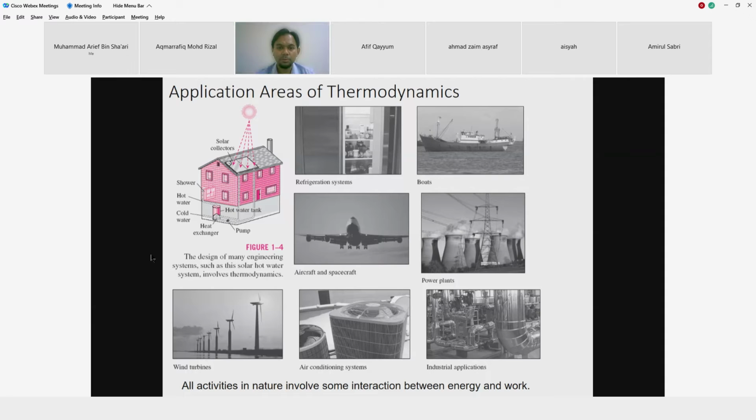Any system in our life that involves an interaction between energy and work can be called thermodynamics.